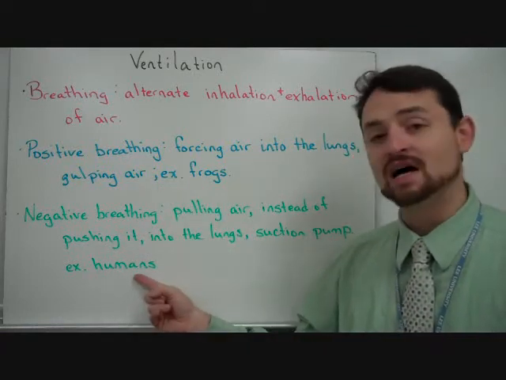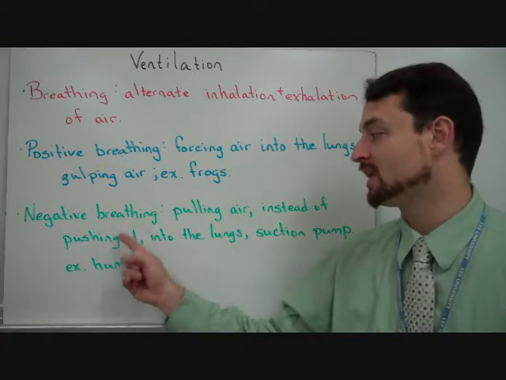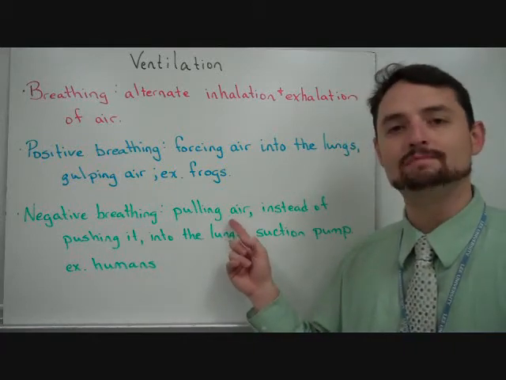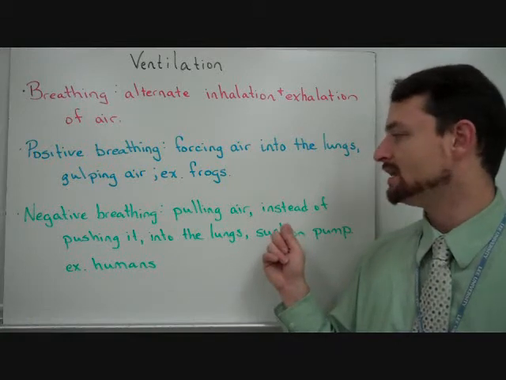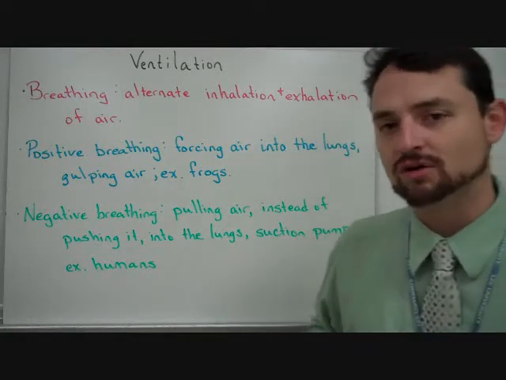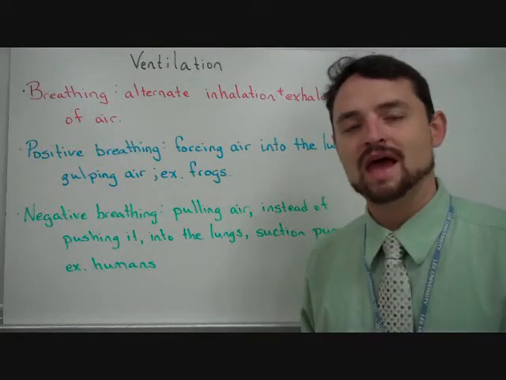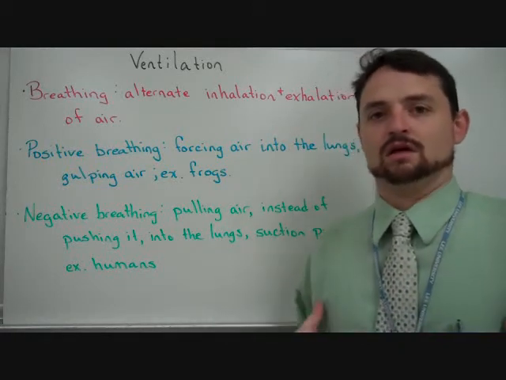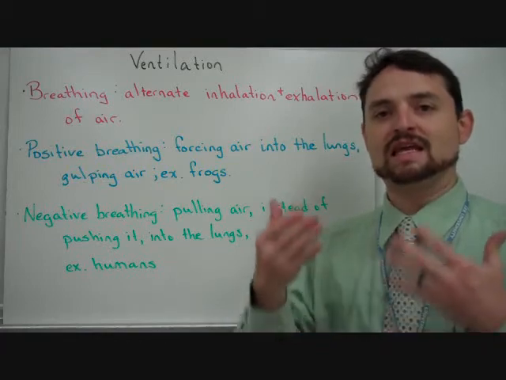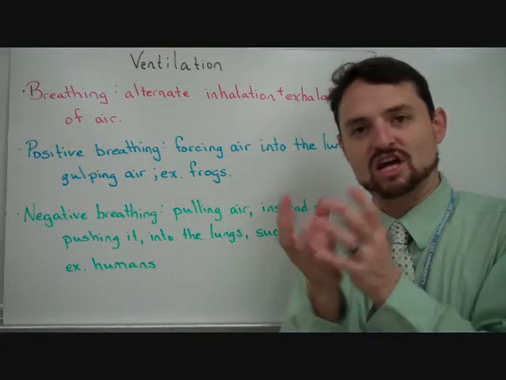Then in us, we have what we call negative breathing. In negative breathing, we do a pulling motion, or kind of like a suction pump type motion, instead of pushing it. And this is the creation of our diaphragm. As the diaphragm contracts, it will expand the lungs. And that causes that inhaling of breath. It's a suction system.